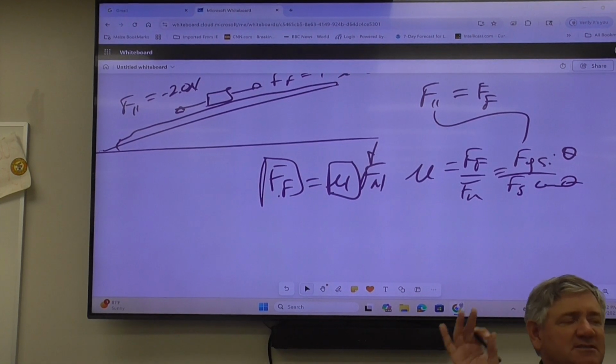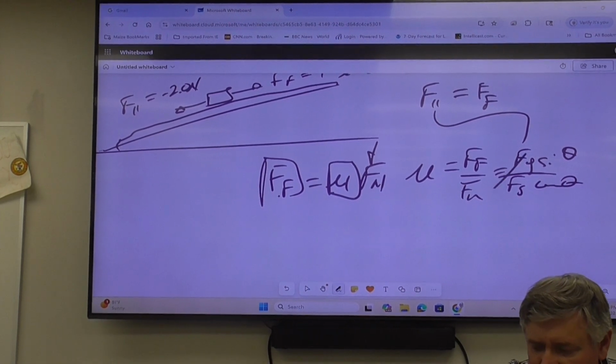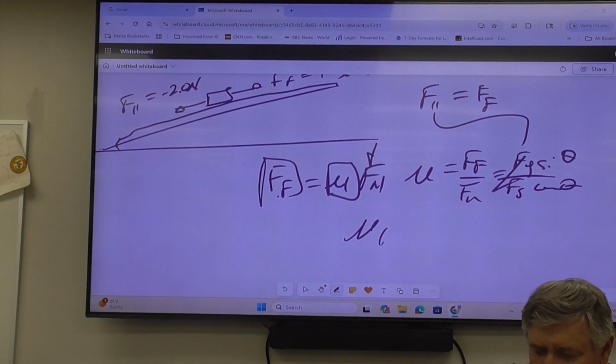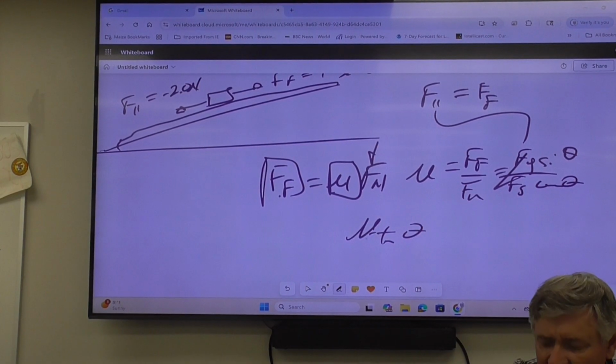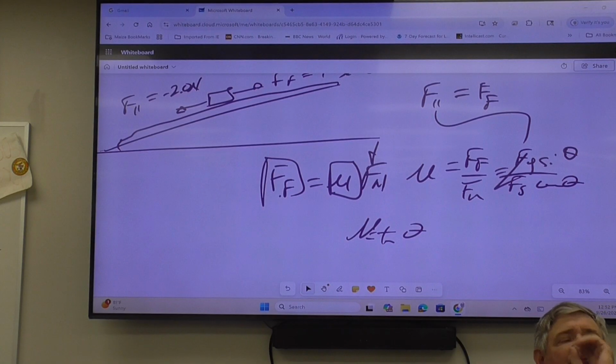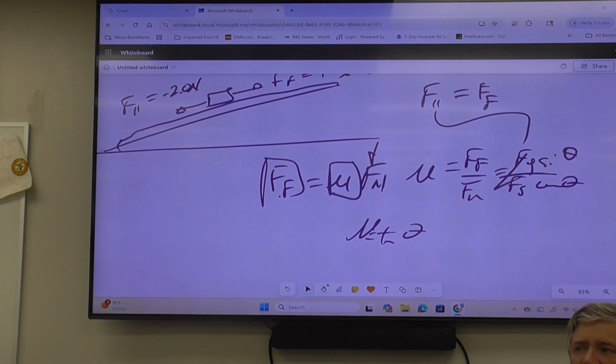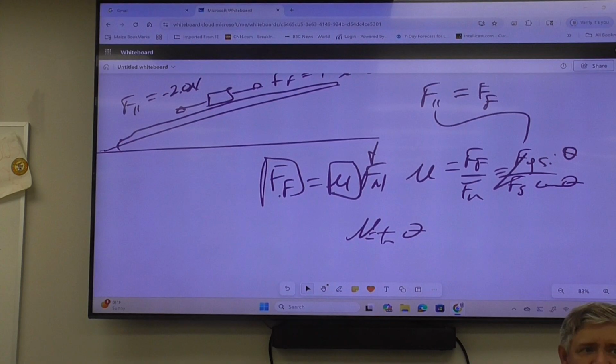Yay for trig functions, the only time you use them outside of a classroom: mu equals tangent theta, but that is only for static friction on an inclined plane. That's the only time it works.